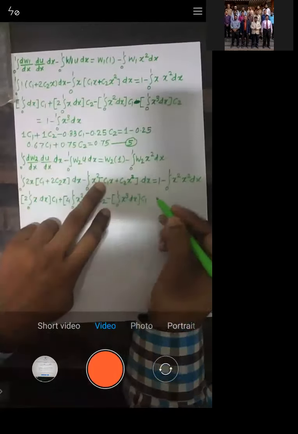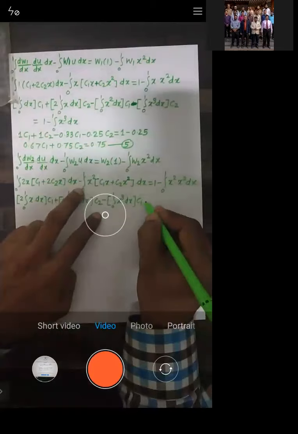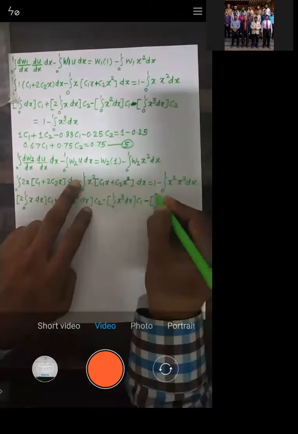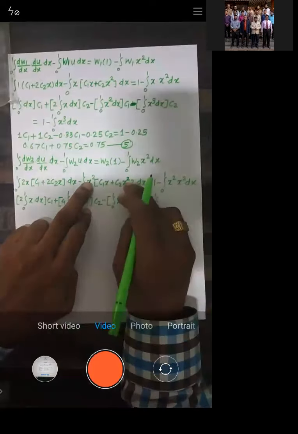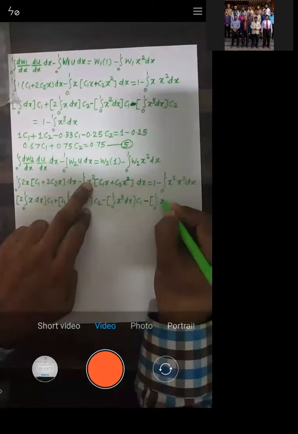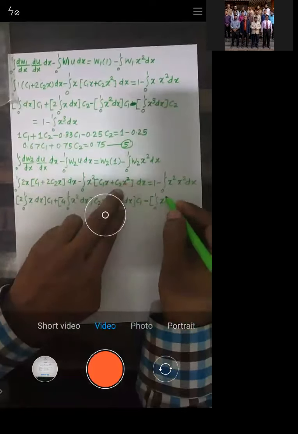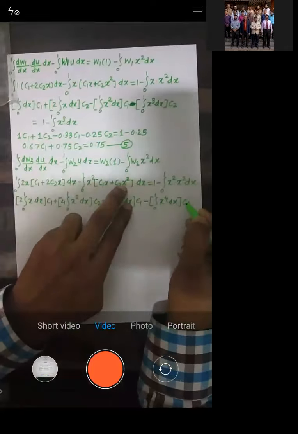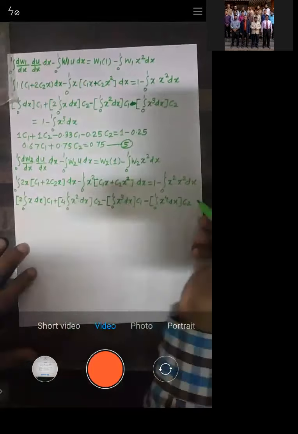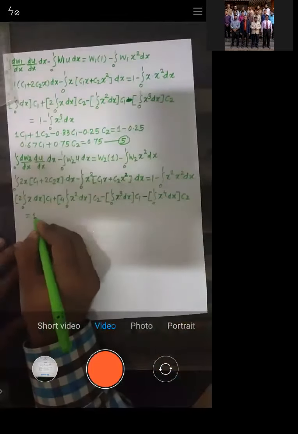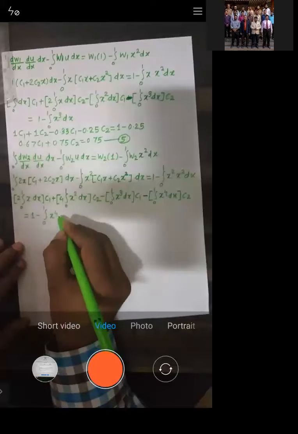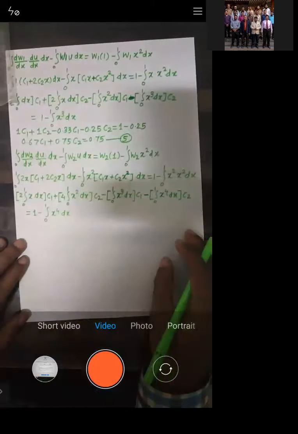Next, minus again integration 0 to 1, x square into x square is x raised to power 4, x raised to power 4 into dx, the coefficient c2. This is given by 1 minus integration 0 to 1 x raised to power 4 dx.